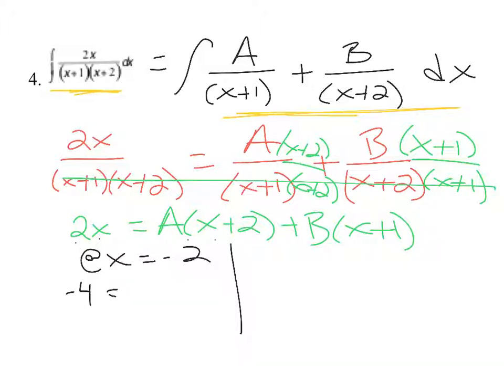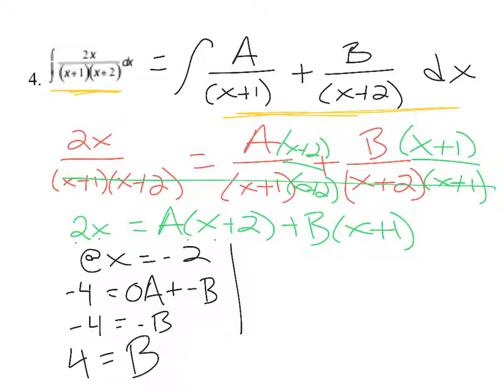So you could say equals 0a. And then plus -2 + 1 is -1, so it would be a negative b. Or in other words, you could say -4 = -b, divide both sides by -1, and you get b = 4.